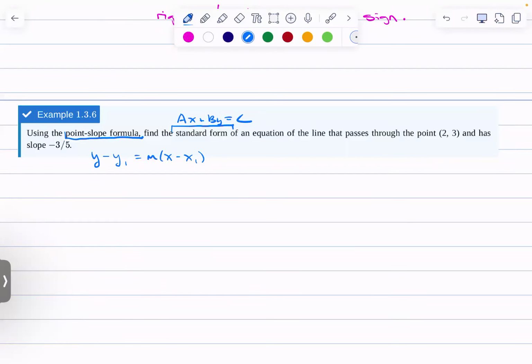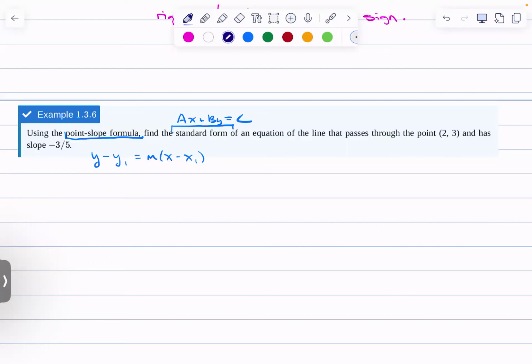We were nudged in the direction of using the point slope formula, and then once we have everything we need from it, we can rearrange into ax plus by is equal to c.